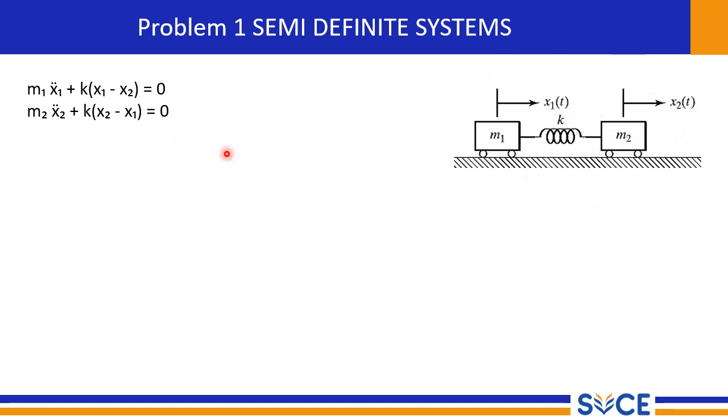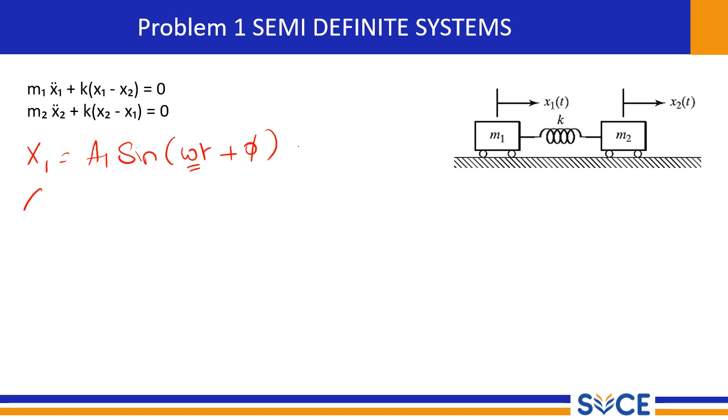In that case, I have to assume the solution such that x1 will be a1 sine (omega t plus phi), where omega is the frequency at which the motion is going to take place for mass m1.